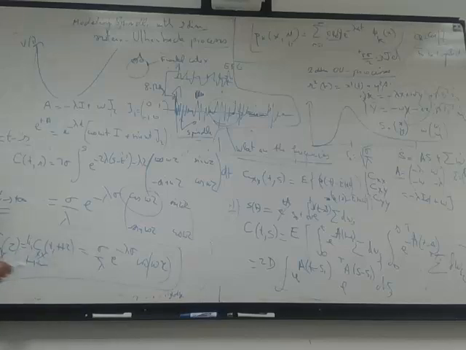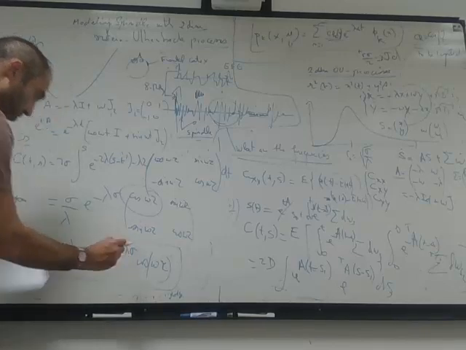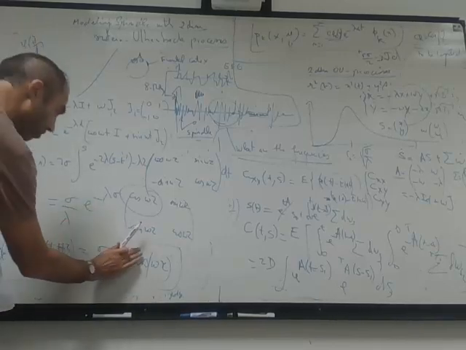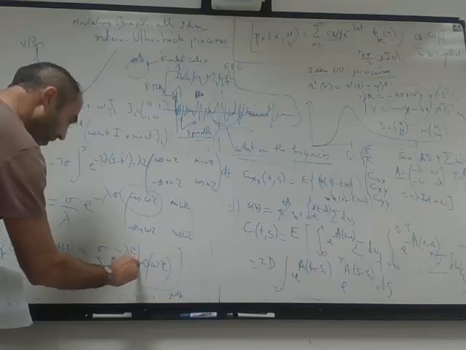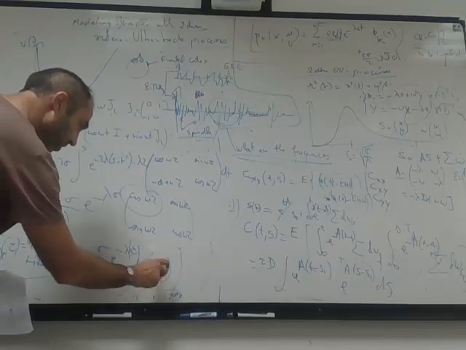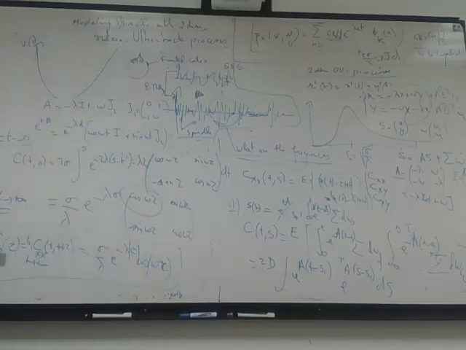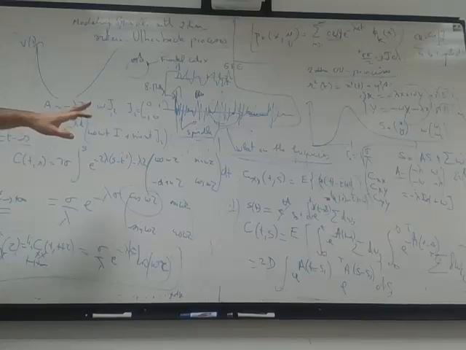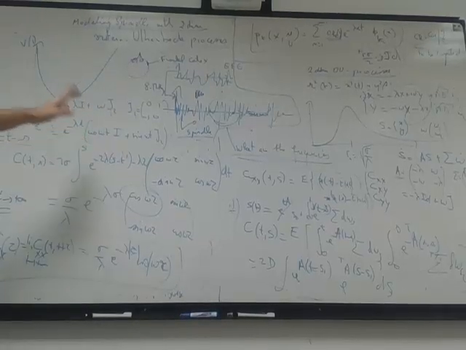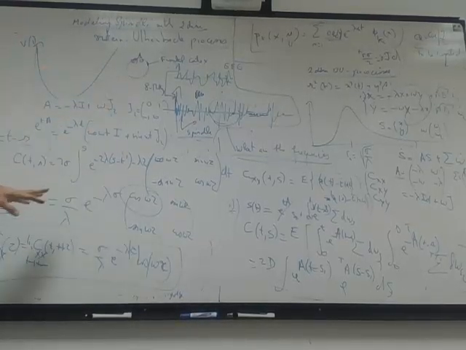This is true for tau positive and negative, so it's the absolute value of tau. I went fast, but you can follow what I did in dimension 1 and adjust. This is just the result of my calculations.